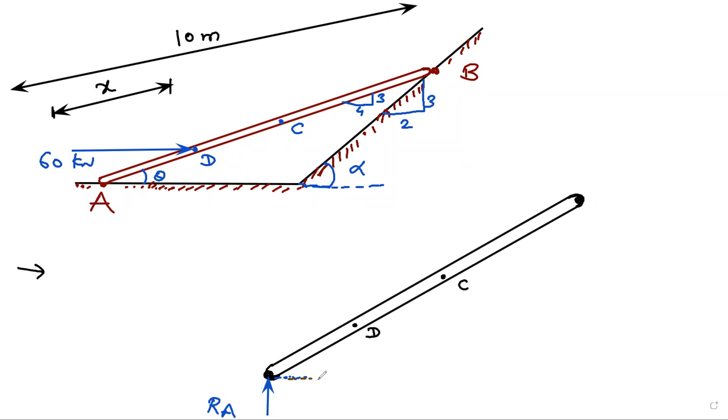Then this triangle we will draw, because for taking the moment we require the distance. This is 90°. This angle is, we have calculated, 36.86.